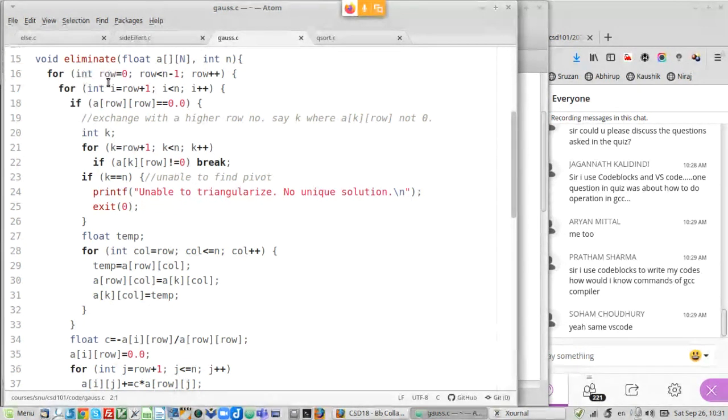So the first part, of course, is you are doing this for each row, from 0 to n minus 1, and you start with a particular pivot element and go to the elimination row.